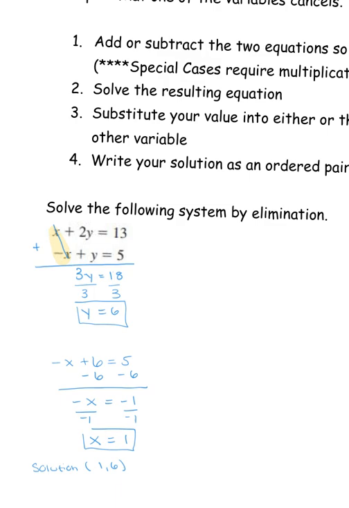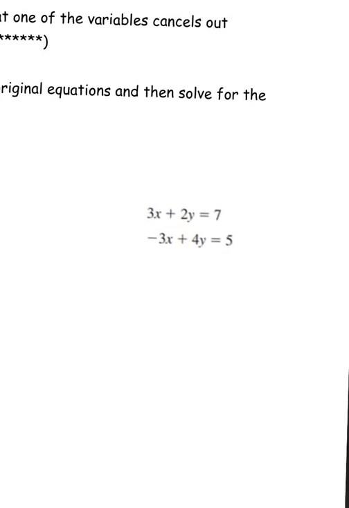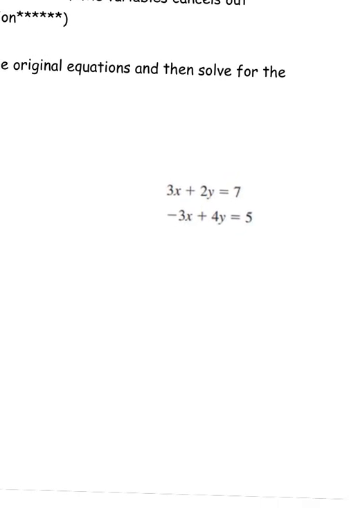All right, so let's take a look at our second example. All right. So we have 3x plus 2y is equal to 7, and negative 3x plus 4y is equal to 5. So again, I'm going to use my highlighter tool. The whole goal is I want to eliminate a variable. I can see here that I have a positive 3x and a negative 3x. So therefore, I'm going to cancel out my x variable.